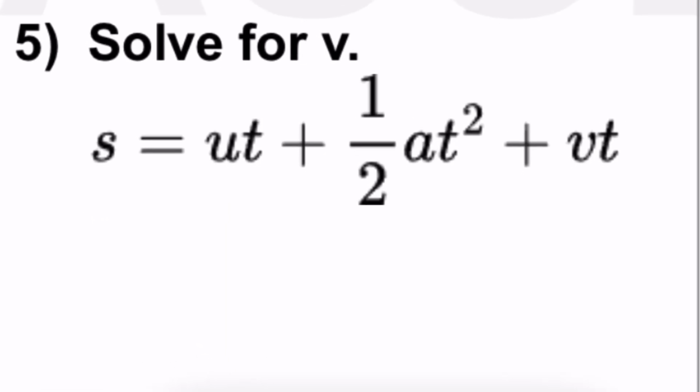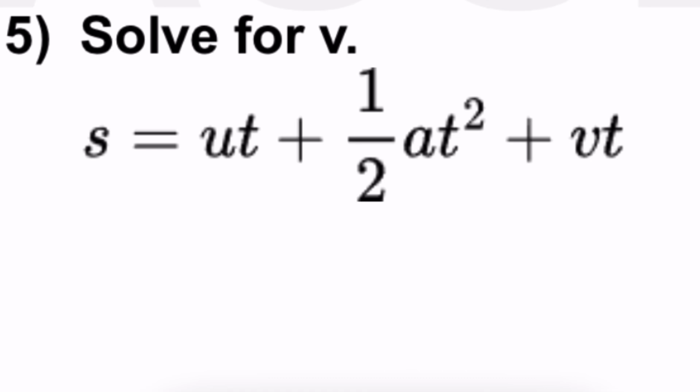For question 5, this one looks very intimidating because it's kind of long, but you're just solving for the letter V, which is here. So everything else is just separated by a plus sign. So all you got to do is do the opposite of addition, which is subtraction. So we're going to subtract the UT.